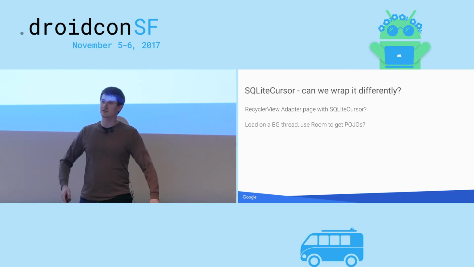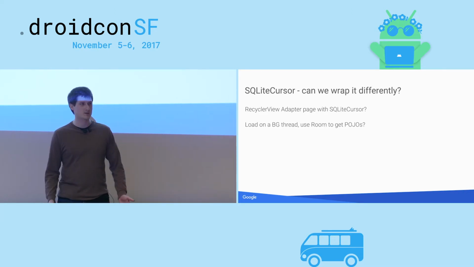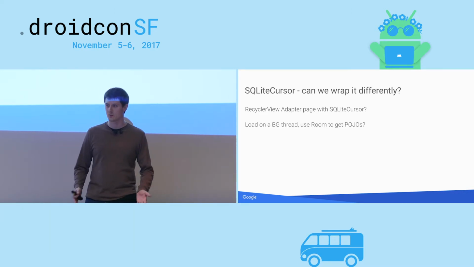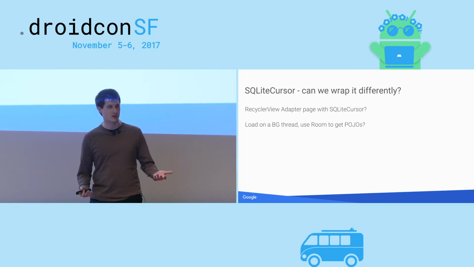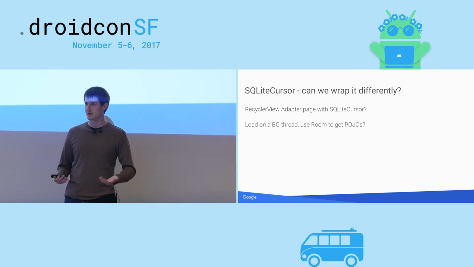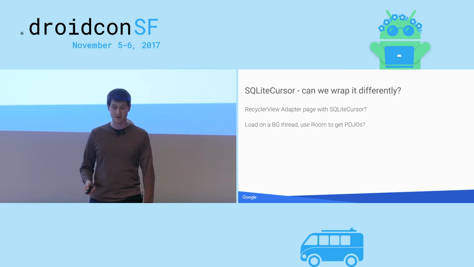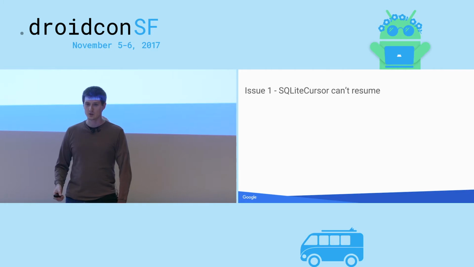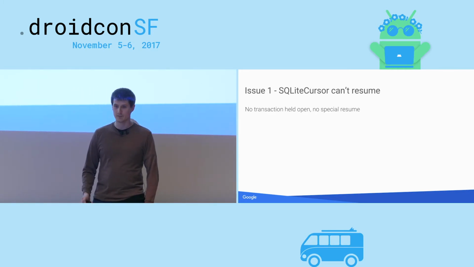In asking that, we actually found a lot of surprising behavior about SQLiteCursor specifically. I came into this without a whole lot of personal experience with SQLite, or especially on Android, and I had this knowledge that SQLiteCursor will page in chunks, and I just assumed that it would be very easy to work with. But I found a lot of surprising details. First of all, SQLiteCursor can't resume its previous query. There's no transaction held open, which is pretty intuitive.